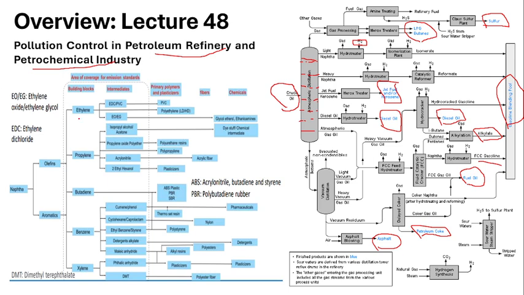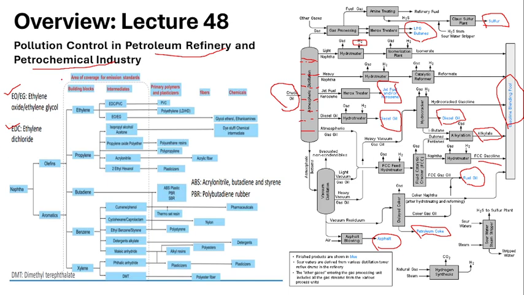So ethylene, propylene, butadiene, benzene, xylene are the different building blocks for chemical formation, which undergo various processes. We can read about them one by one. But finally, what products are formed from the intermediate products? These are all the intermediate products, the building blocks.